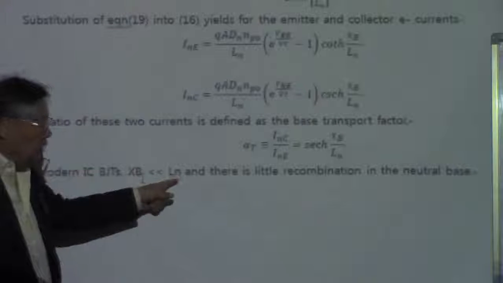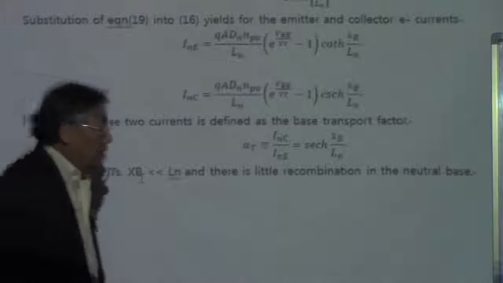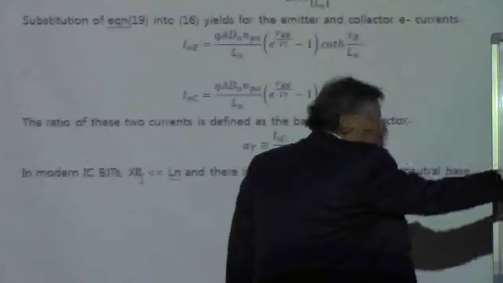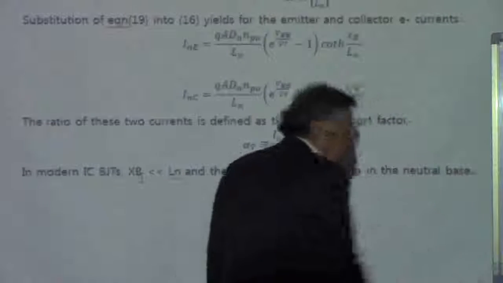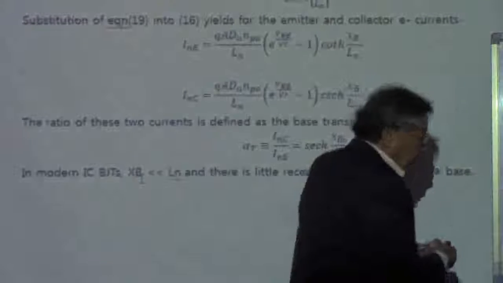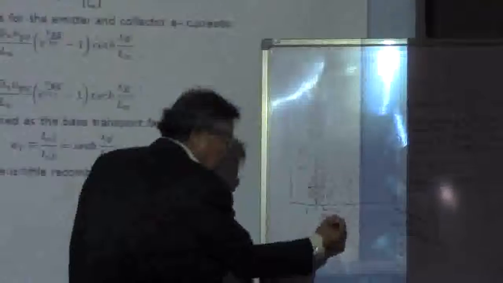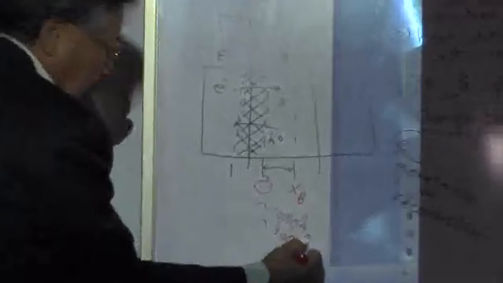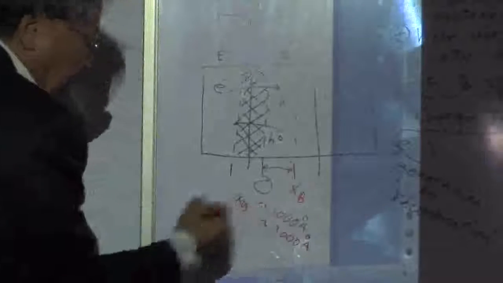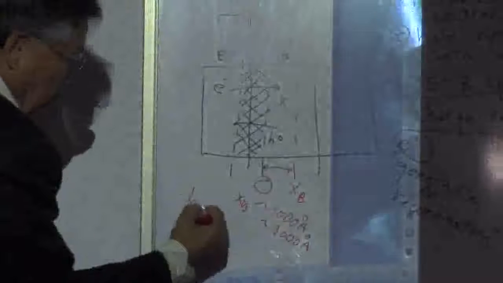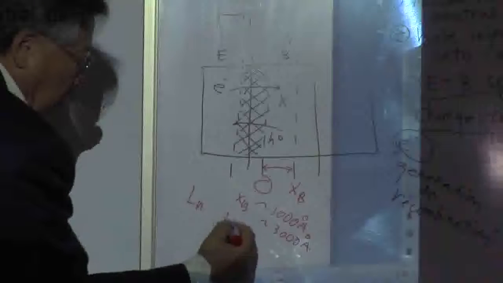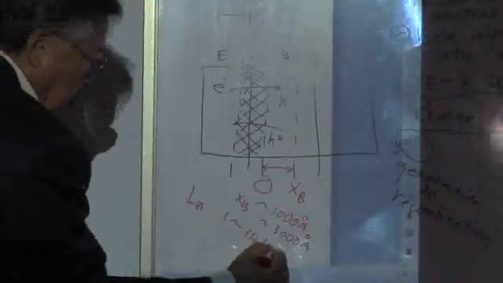That is pretty much shorter than the diffusion length of injected electrons. We typically make XB 10,000 angstrom to 3,000 angstrom. The diffusion length is 1 to 10 microns.